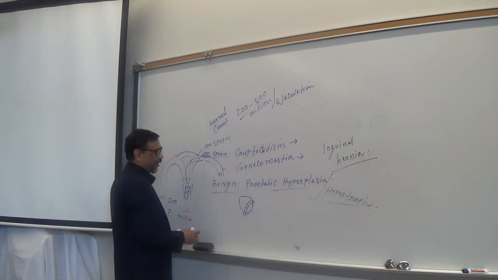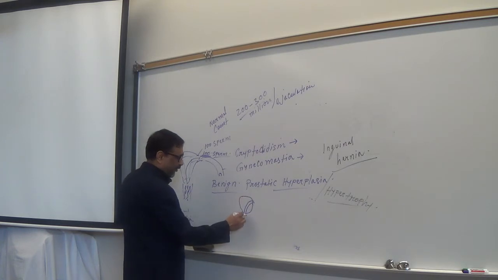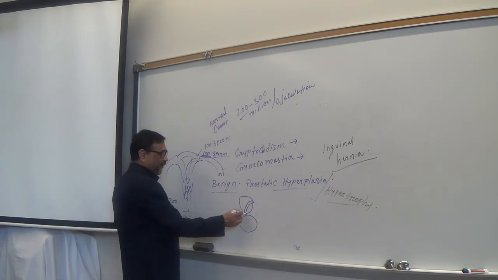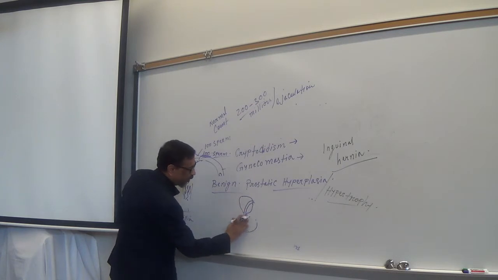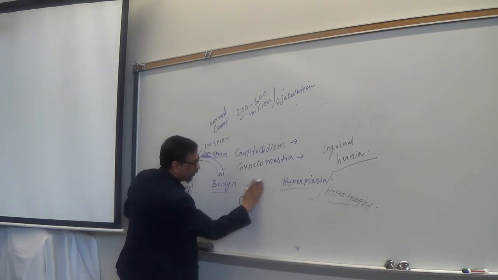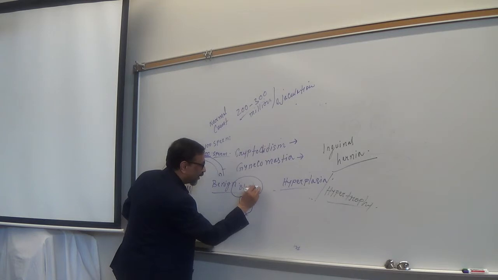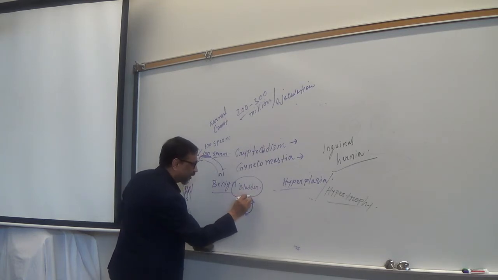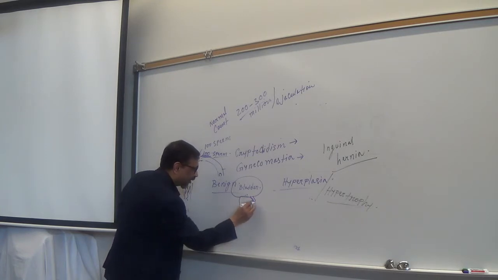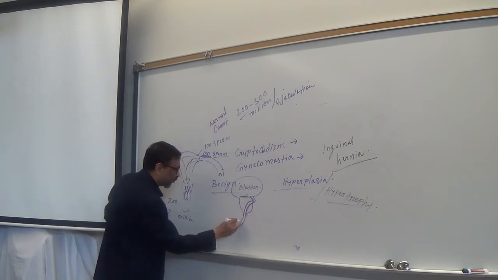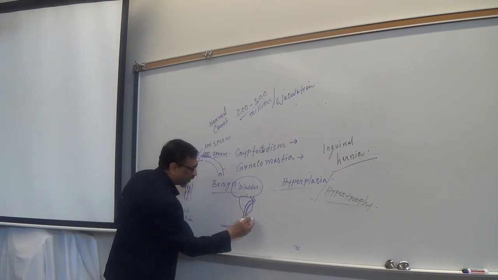The urinary bladder is above the prostate. Prostate is just under the bladder. So this is the urinary bladder, and from the bladder the urethra gets out, enters into the prostate, and then enters into the penis in the case of male. So this is the urethra.